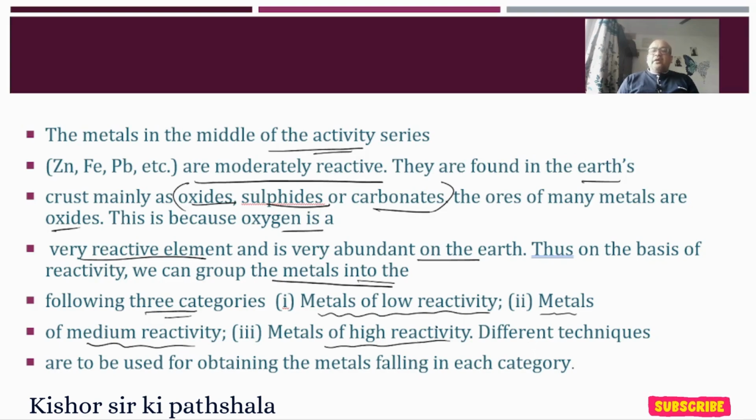Based on the categorization of these metals, different techniques are used for obtaining metals falling in each category. So different methods are used to extract them by using these categories.